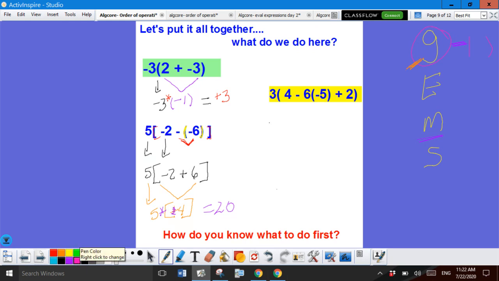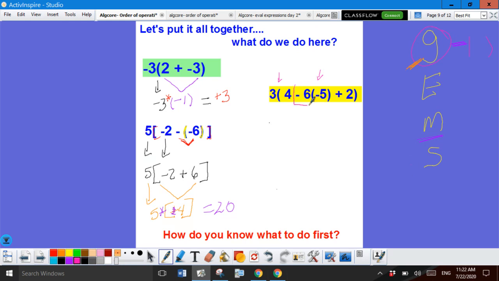All right, go ahead and hit pause and see if you can figure out what you want to do first on this next problem. Okay, let's see how you did. Parentheses, I always start with parentheses. I see 2 sets. I see this set and I see this set. Remember, we're always going to start on the inside.